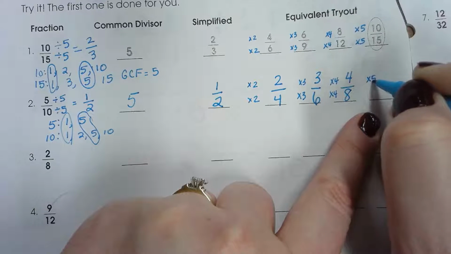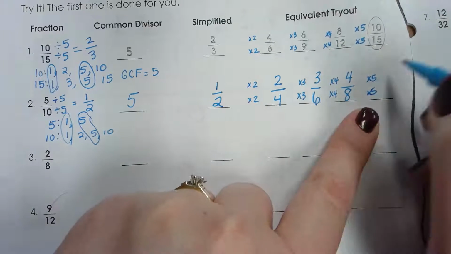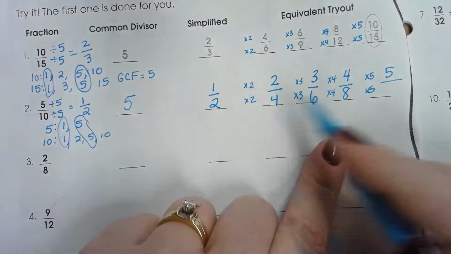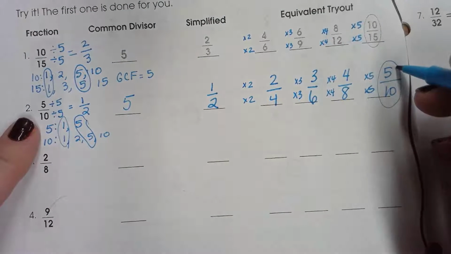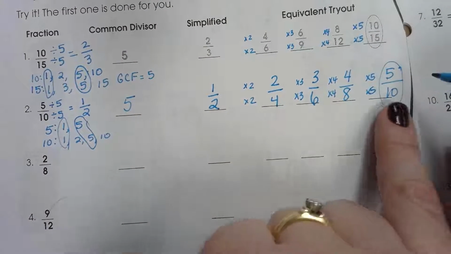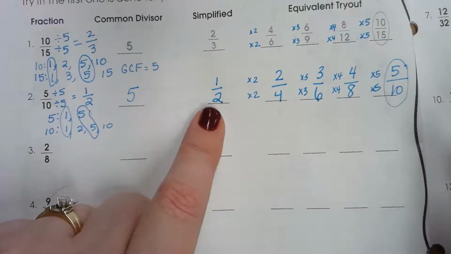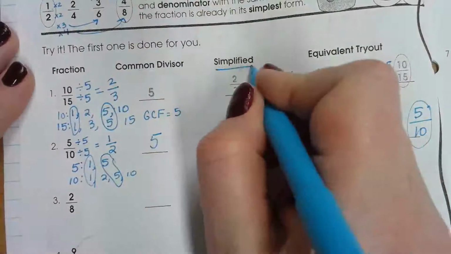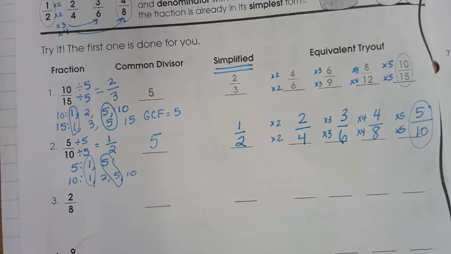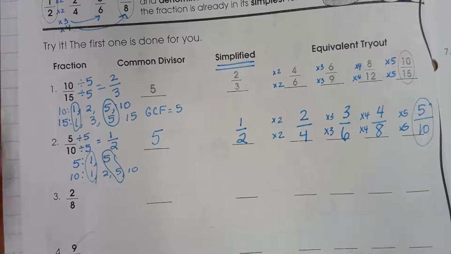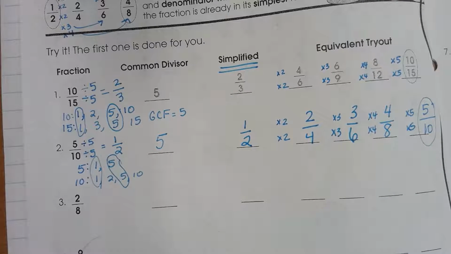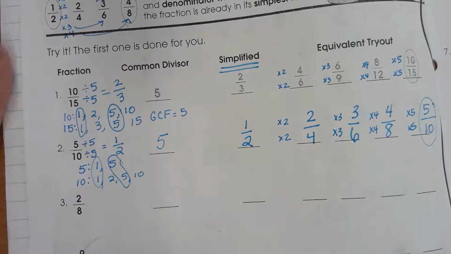And if I multiply by 5's, 1 times 5 is 5, 2 times 5 is 10. And that's where we were at, right? So dividing by 5 got me back to that 1/2, which was our simplified fraction, or our simplest form. Okay? Remember, if they don't have anything in common, no common factor, then it's already simplest form.